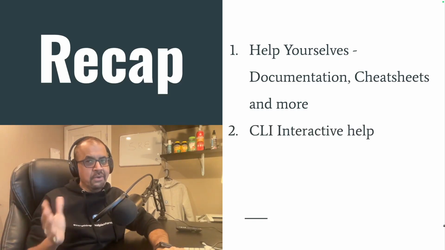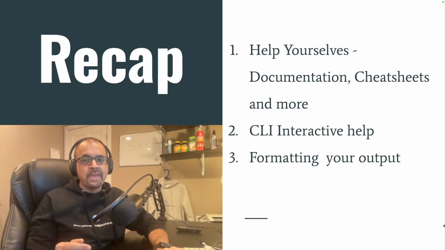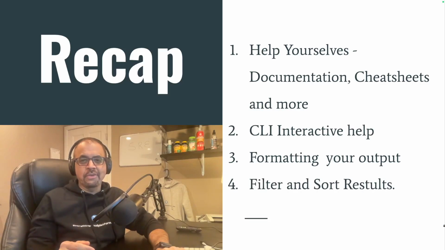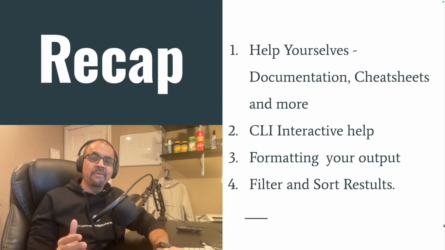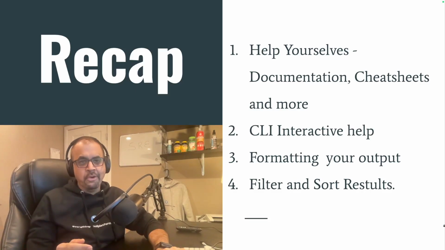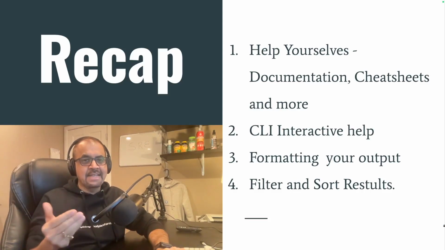We looked at how to use the CLI interactive help and make it work for you. We looked at various formatting options using compute instances list, describe, and so on. We looked at various ways of filtering and sorting your output to extract the information you're trying to extract.